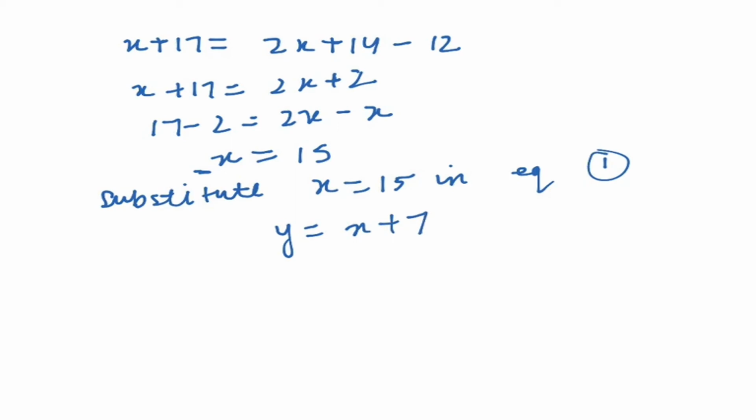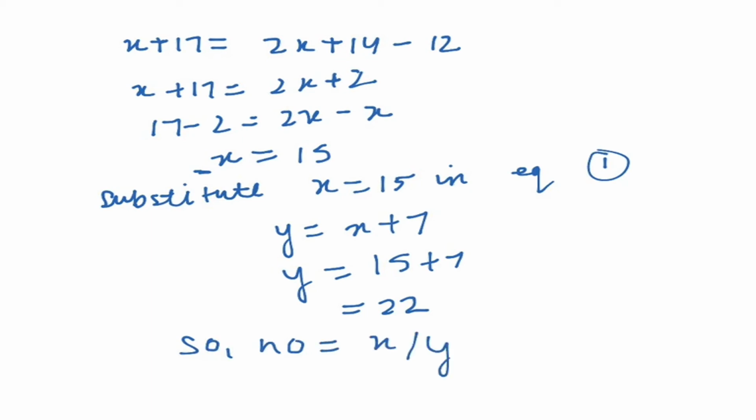So we will get y is equal to 15 plus 7, that is 22. So our number is x by y, that means 15 by 22. So our original rational number is 15 by 22.